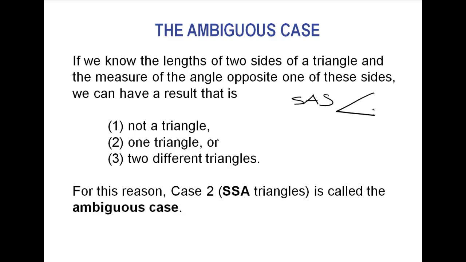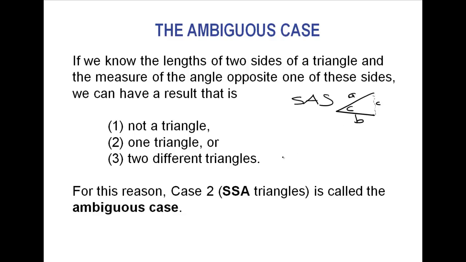So this part of the triangle is etched in stone. A, B, and then angle C we know, and because we know this, there's only one way to finish it off. This length here is now etched in stone, because if these have to be a set length and that's a set angle, then that's going to be a set length in between. There's no other way to do it.